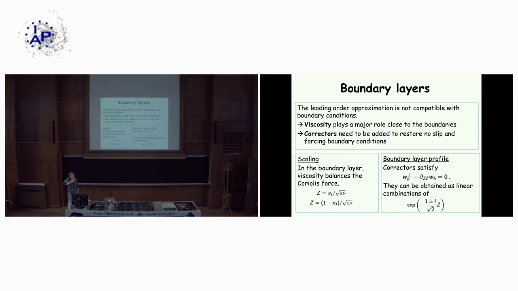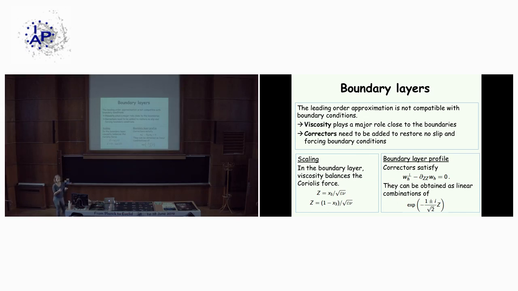But in order to impose this boundary condition, viscosity is really important. If you add viscosity, essentially you have a system of equations of order 2, so the main derivatives are of order 2, and so you can impose more boundary conditions than if you have just this rotation, which is of order 0. Essentially you cannot impose any boundary condition.